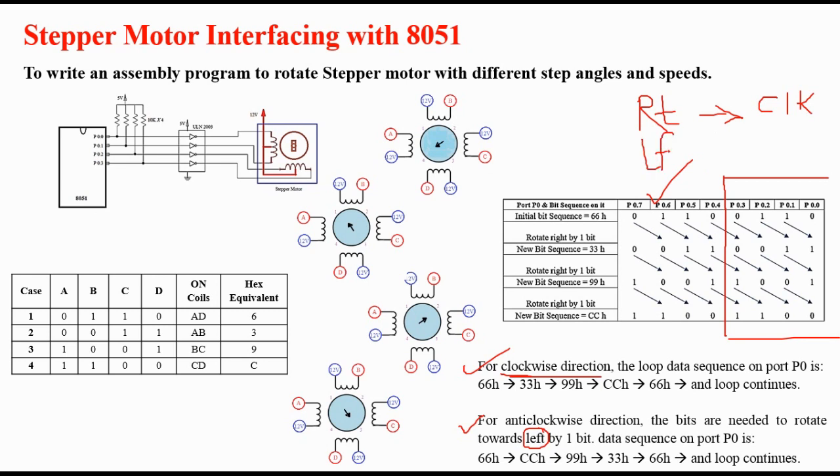If you do the opposite, if you rotate those bits towards left, then the motor will rotate in anti-clockwise direction. So that's why we are moving those bits towards left. So this 66 will become CC, and this CC will become 99, and this 99 will become 33, and again that 33 will become 66, because we will get reverse numbers. Fine. So just because of that, the motor will rotate in anti-clockwise direction.